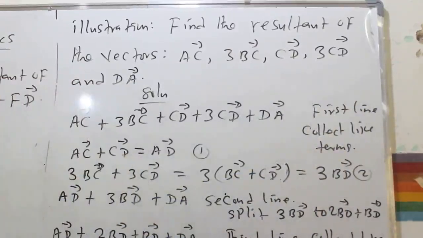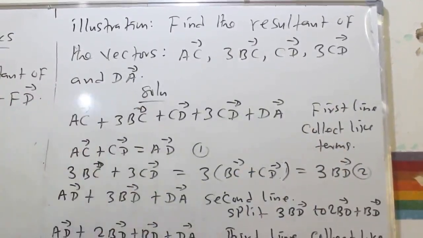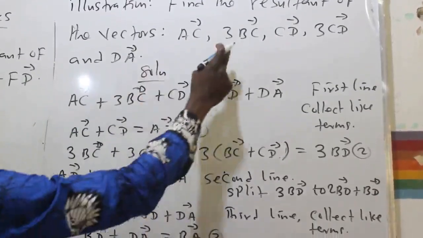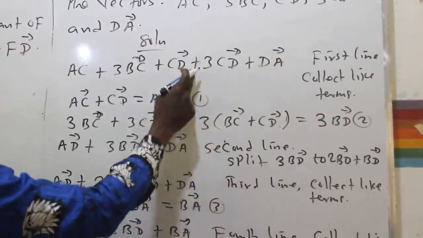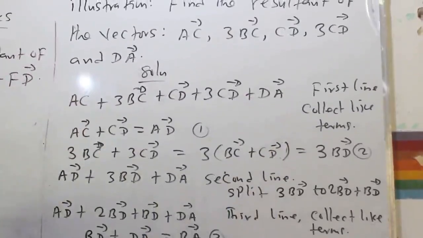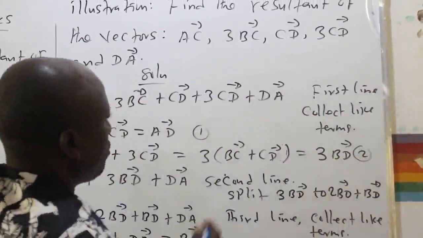Based on the steps I outlined, this is the solution. You add AC plus 3BC plus CD plus 3CD plus DA. This is the first line.